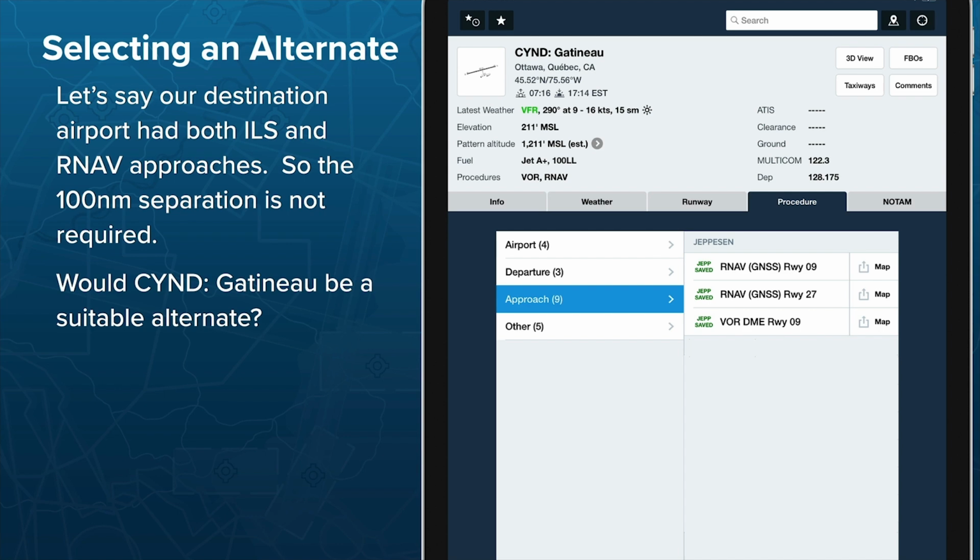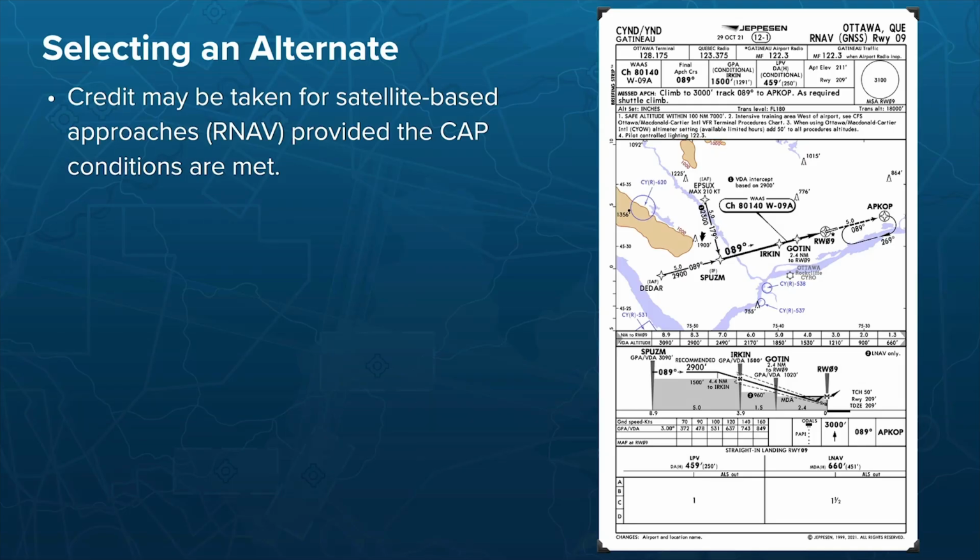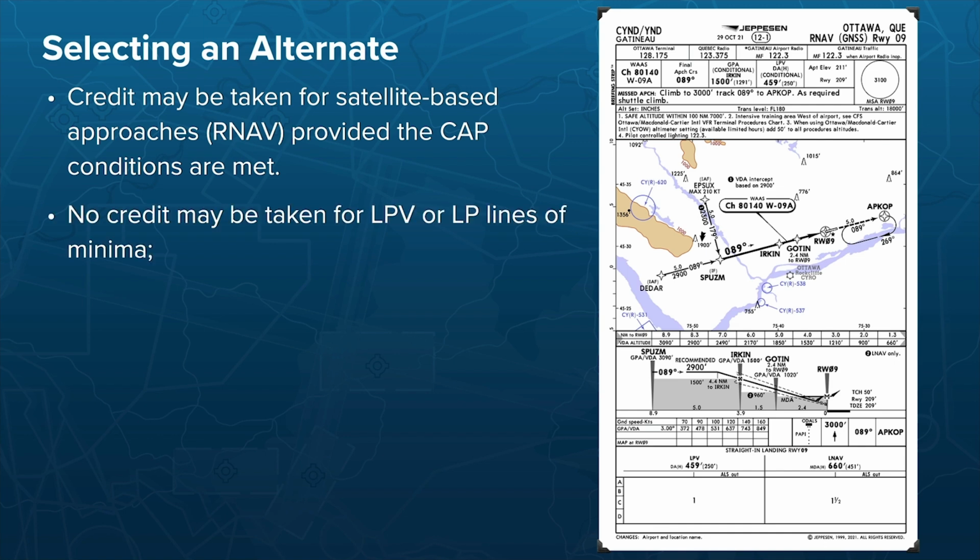Would CYND Gatineau be a suitable alternate? Let's look at another airport here, Gatineau, and see if it would be a suitable alternate. In this case, Gatineau has 2 RNAV approaches and a VOR approach. So we know that credit may be taken for satellite-based approaches, RNAV approaches, provided that the cap conditions are met.